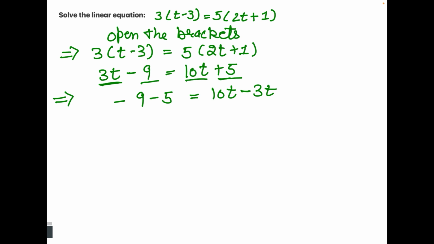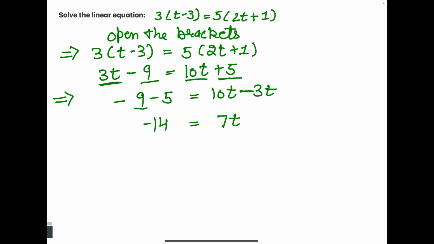Because when we shift positive 3t to the right hand side, the positive sign changes to negative sign. Minus 9 minus into minus becomes plus. So 9 plus 5 is 14, but the sign remains negative because the bigger digit is negative, is equal to 10 minus 3 is 7. So it becomes 7t.